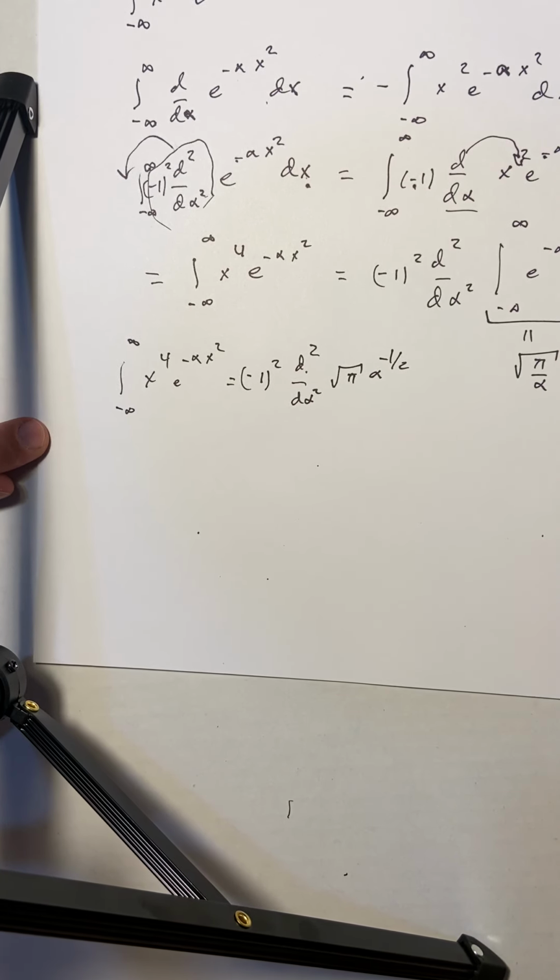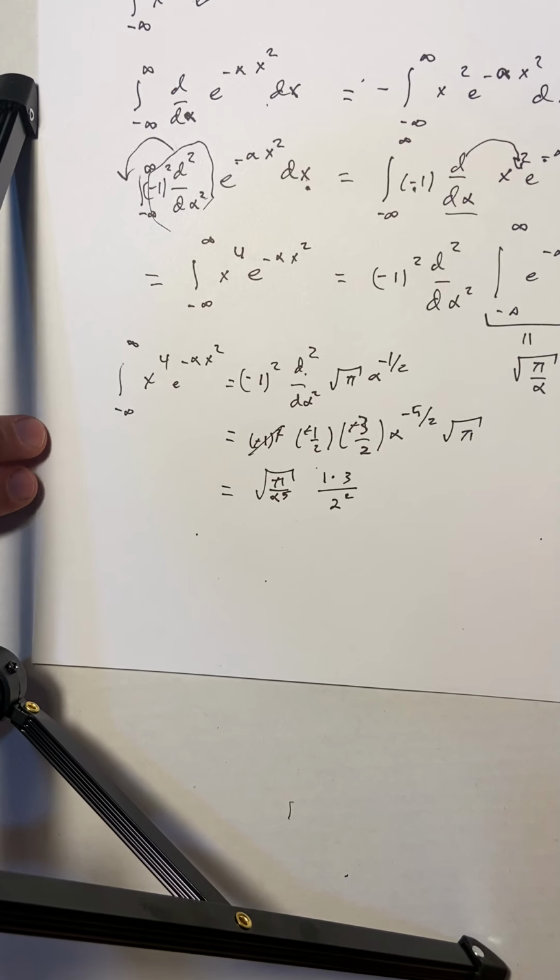One of these cancels with this, another one cancels with this negative sign here. And you end up with square root of pi over alpha to the 5th, and then I get a 1 times 3 over 2 squared.